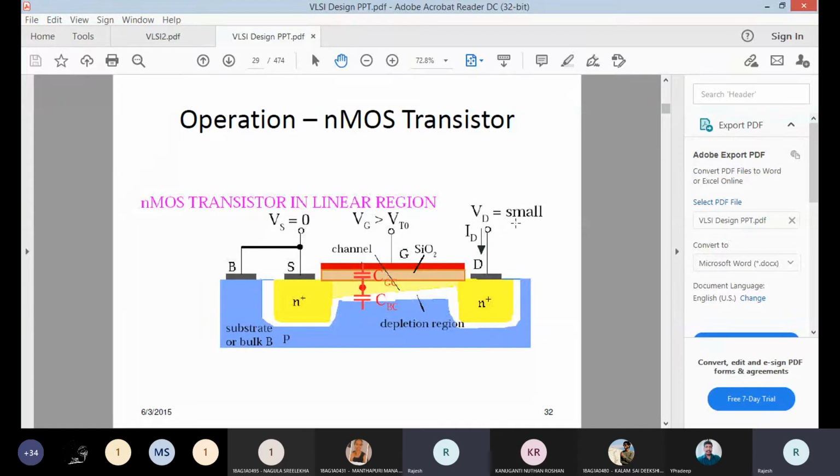Up to a voltage of VGS minus VTN, because above VGS minus VTN, the effective voltage between gate and channel becomes less than the threshold voltage. So what happens if you apply a voltage less than the threshold voltage? The channel ceases to exist. The concentration of carriers reduces.